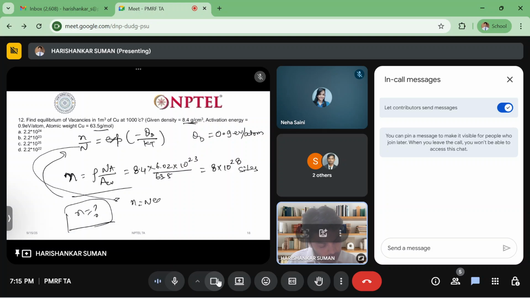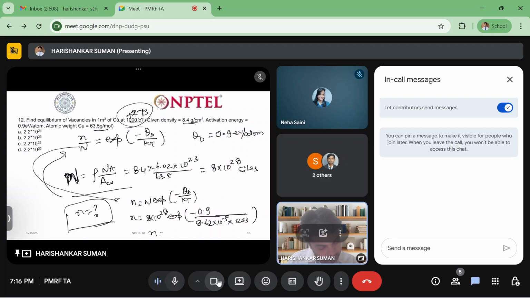Now apply this formula: N equals n times exponential of minus Q upon kT. For this, Q is 0.9, k is 8.62 times 10 to the minus 5, and the temperature is given as 1000 degrees Celsius, which in Kelvin means adding 273, so 1273.